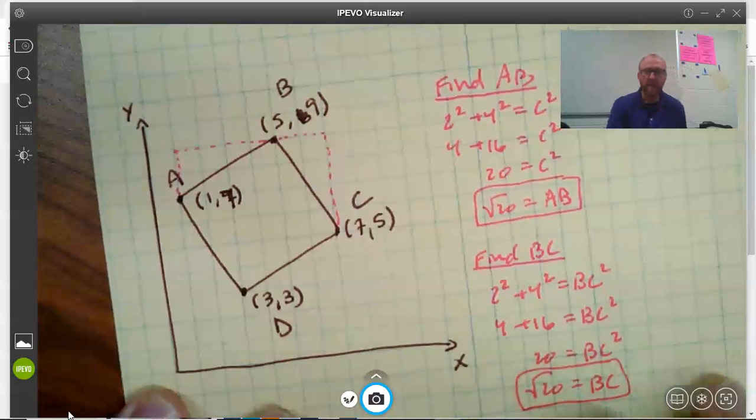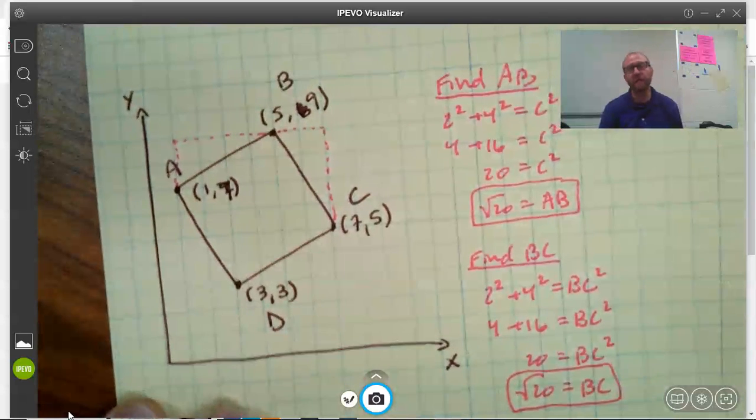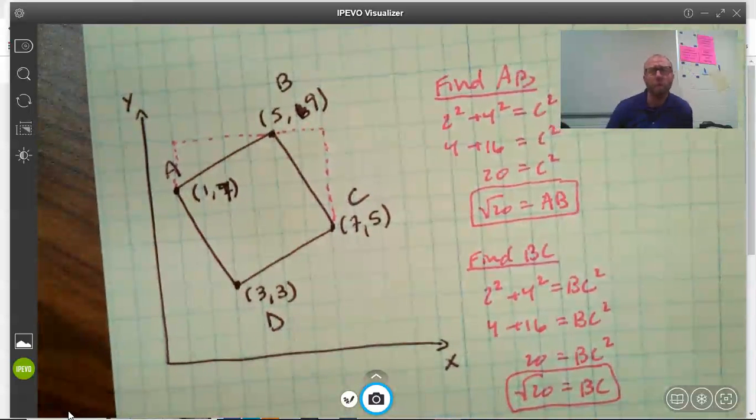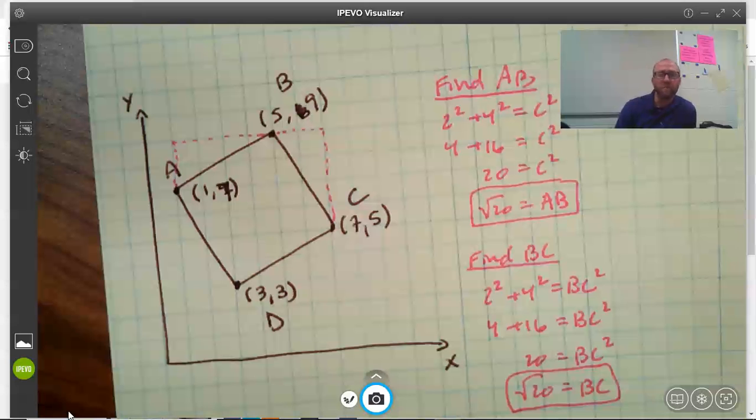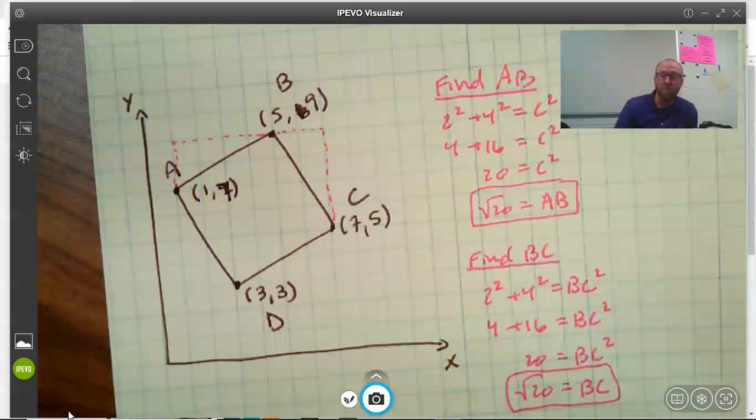Okay? And I could go through the same process with CD and DA, or if you could find some way of explaining how you know that all 4 sides are the same length without doing all the calculations, then I would encourage that. But we could always resort to just doing the calculations.